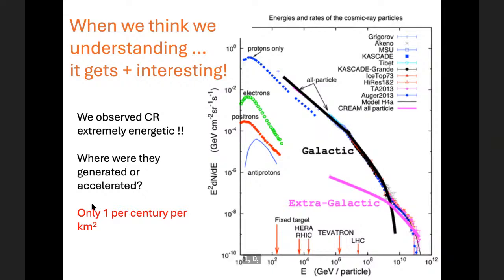This means that the cosmic rays with the highest energies that we know arrive one of them per century per square kilometer. So it's very hard to detect one. So we have not detected too many.